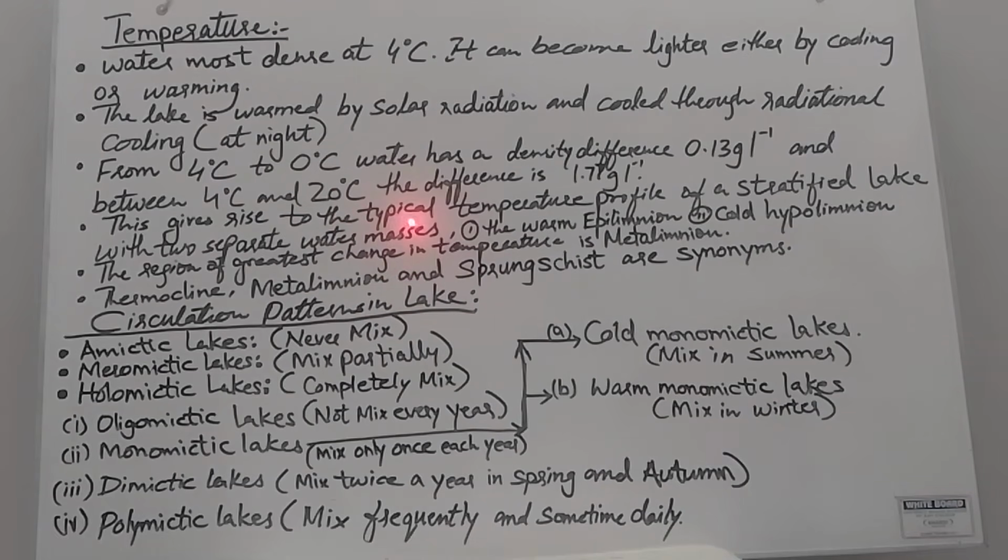In this way, the upper layer of water will move towards the hypolimnion, and the lighter water, that is greater than 4 degrees centigrade, will go to the epilimnion, or the upper region of the lake. In this way, the circulation pattern in the lake will happen.